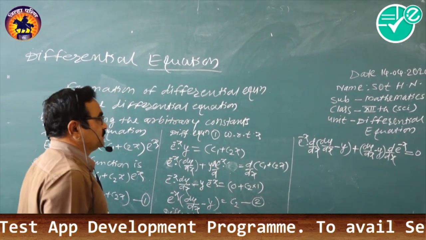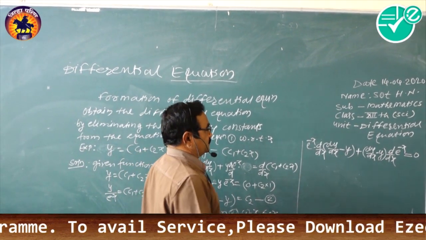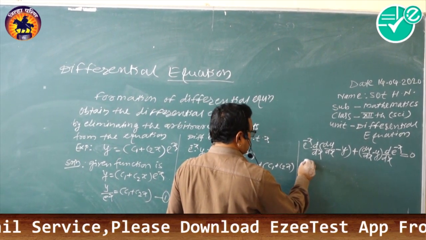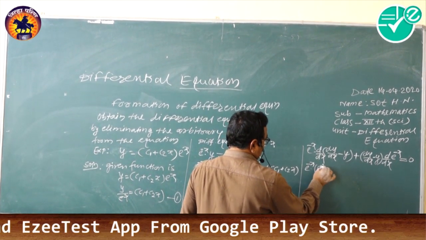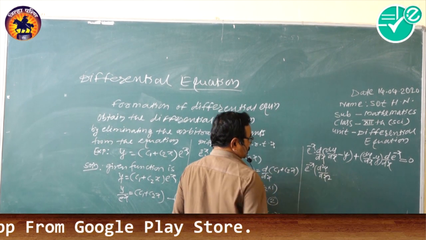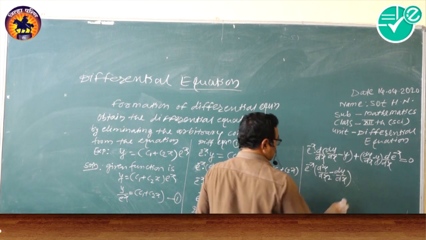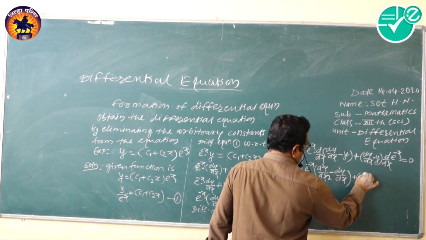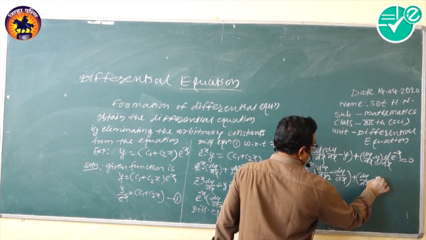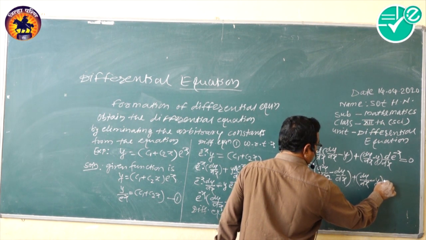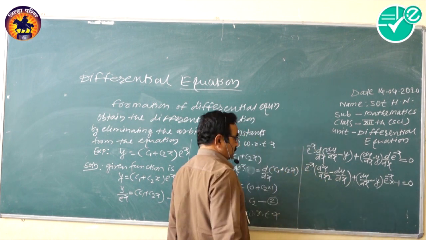The derivative of constant c2 is equal to 0. Therefore, this equation becomes e raised to minus x into d2y by dx square minus dy by dx, plus dy by dx minus y into e raised to minus x into minus 1 equal to 0.